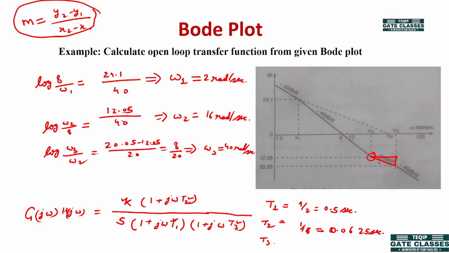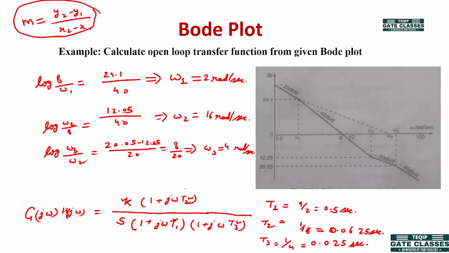So from here we get T3 is equal to 1 by 40, that is equal to 0. Sorry, it would be 4 radians per second, not 40. 4 radians per second. So we get T3 is equal to 0.025 seconds.